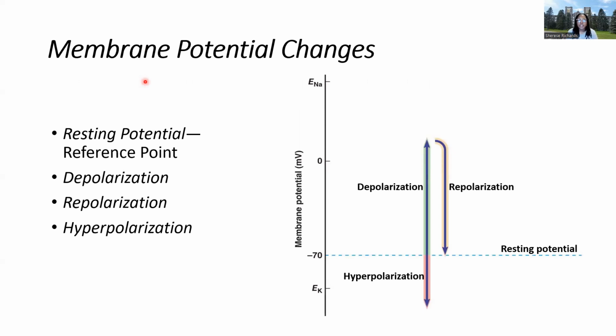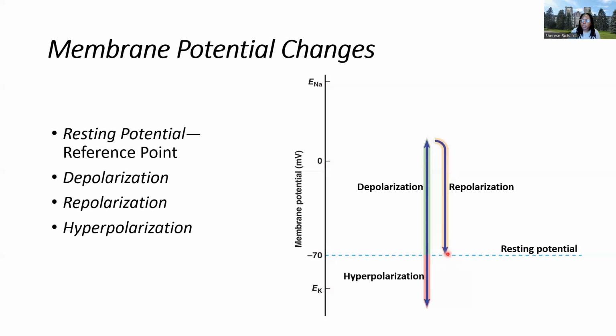The membrane potential changes that we see are basically the resting potential, which is our reference point, and that is -70 millivolts. Then we can talk about depolarization, which is a positive change to the membrane potential. Repolarization is resetting that depolarizing event back down to rest.